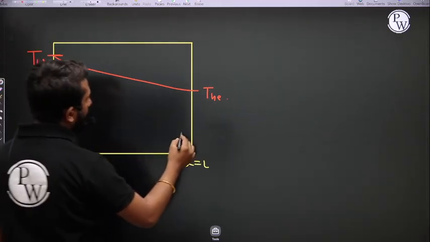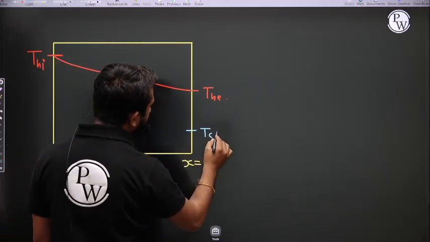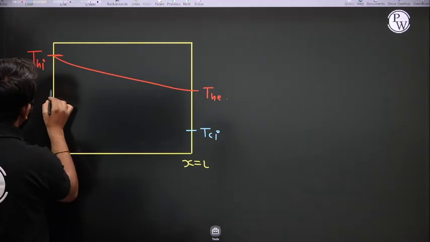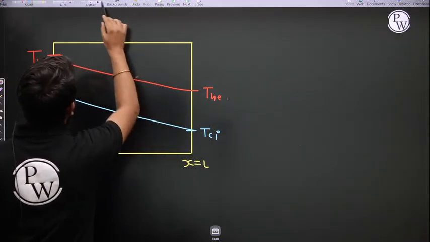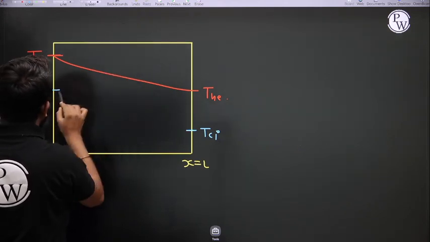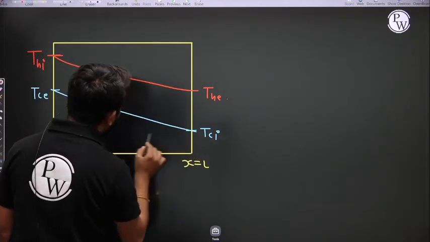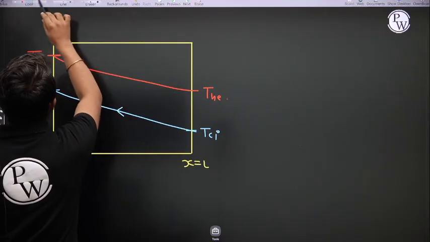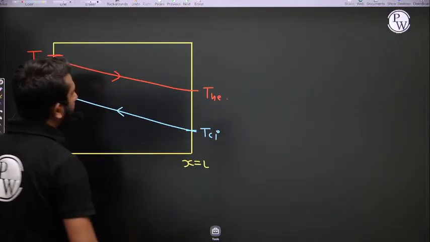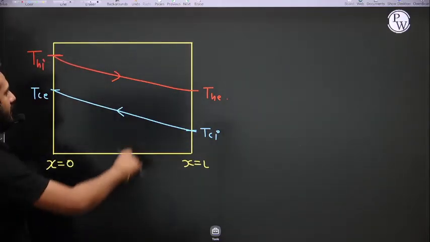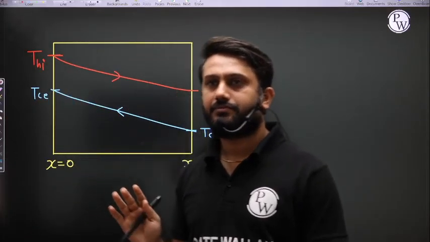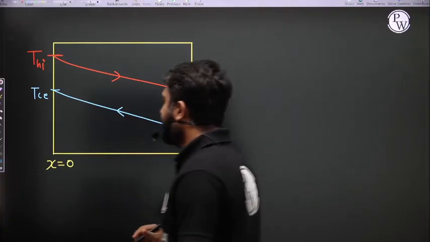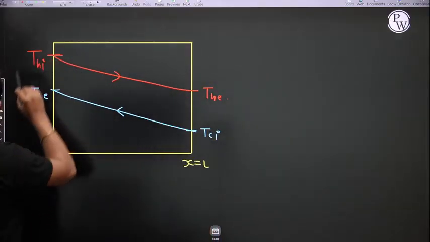And this is the inlet temperature of the cold fluid, and this is the exit temperature of the cold fluid. So this is the temperature variation of the hot fluid, and this is the temperature variation of the cold fluid. Let us assume.